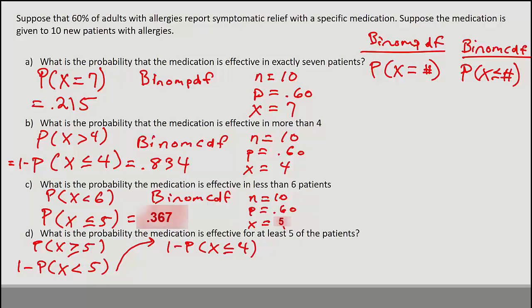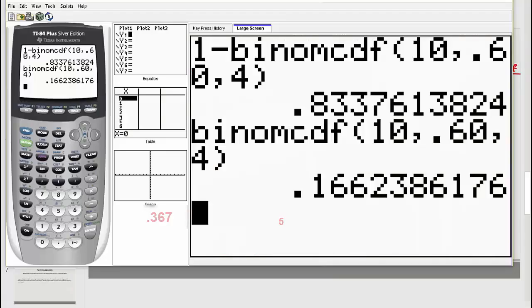All right. So now we're at a Binompdf situation. Okay. And now we have an n is equal to 10. P is still 0.60, and our x is equal to 4.